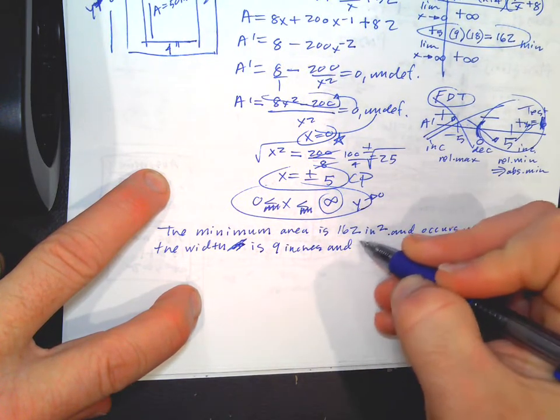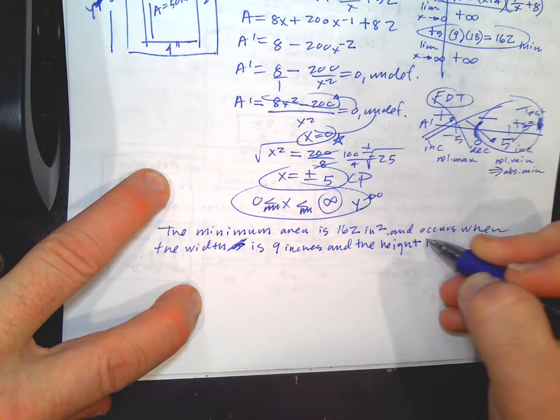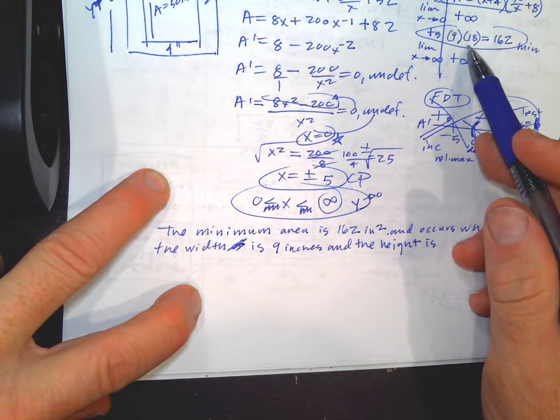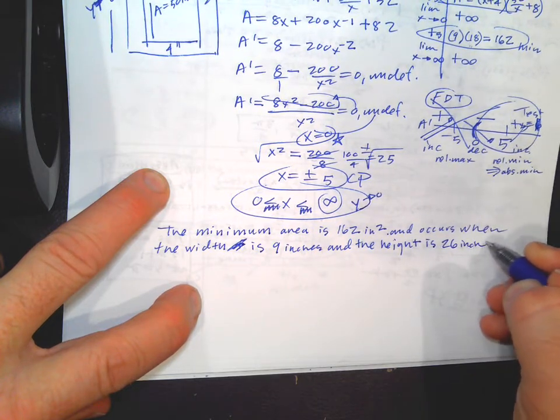And the height is, it's going to be the y value, 18 plus 8 is 26 inches.